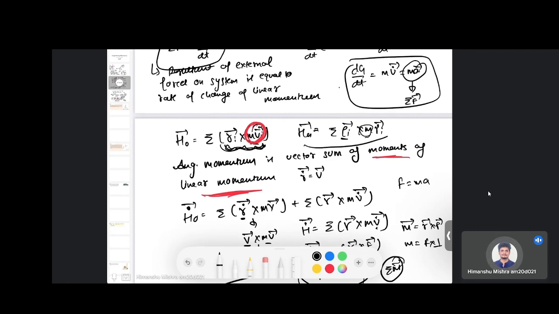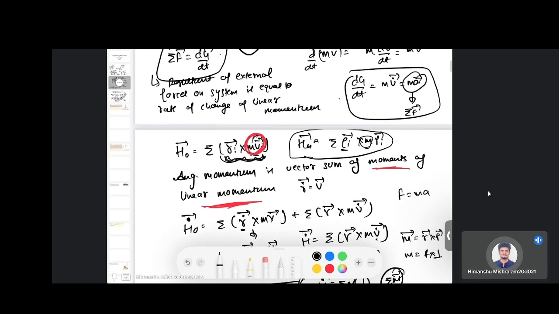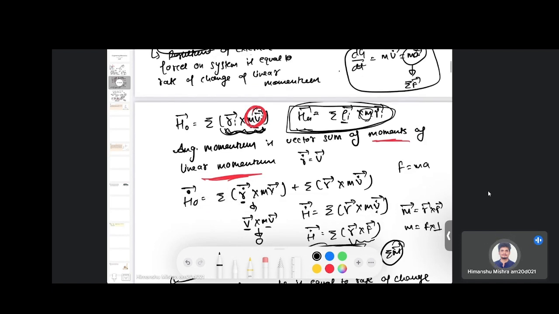So this is the angular momentum at the center of gravity. If the body has a center of gravity G, then along that point this is the angular momentum. But if I am given a random point P which is at some random direction far from the center of gravity, then what will be the moment along that point P?